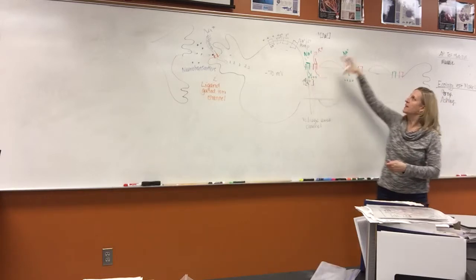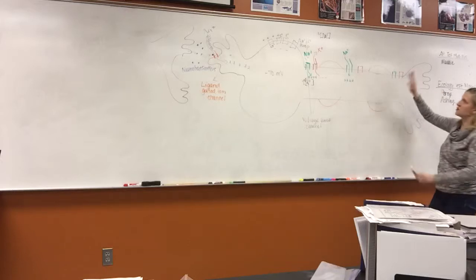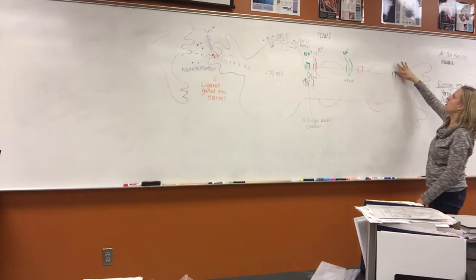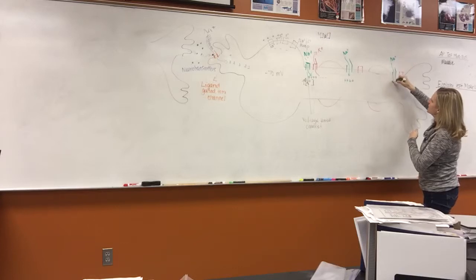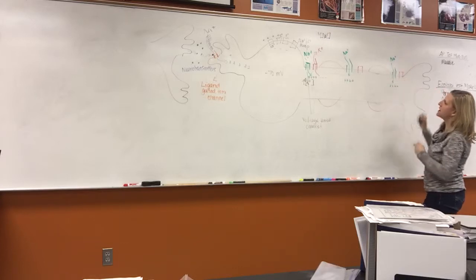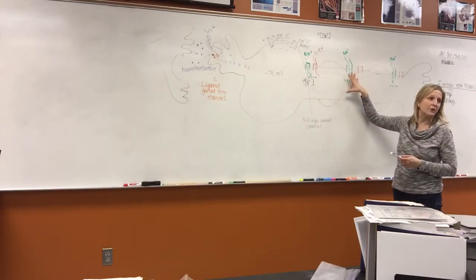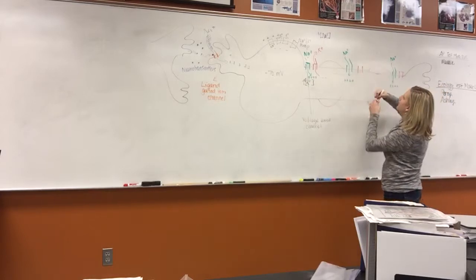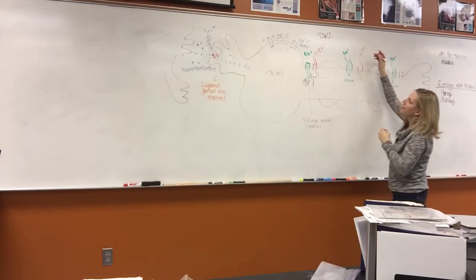While that's happening, the sodium over here is coming in, and so what's that going to trigger to happen over here? What opens? Sodium. The sodium gate over here opens. So over here, sodium enters. Inside the cell becomes positive, or depolarized. At the same time, what goes on over here? Potassium opens, and then potassium leaves, and what shuts?